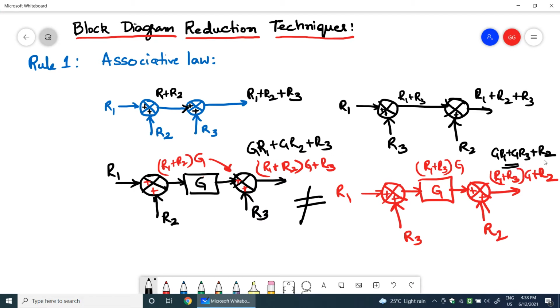Therefore they are not equal. So you cannot interchange the summing points when you have a block between them, but you can interchange them when there is no block between the summing points. Now let us go to rule 2.